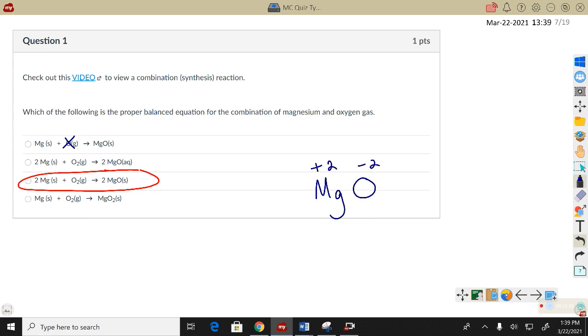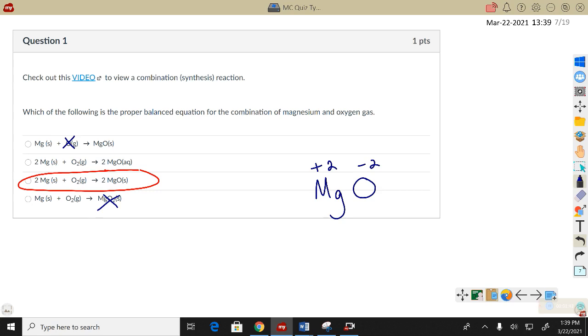It should be MgO, not this last one. And so the way to think about these equations is not like Mg plus O2 makes MgO2. It's magnesium plus oxygen makes magnesium oxide. And then I have to check the formula of magnesium oxide.